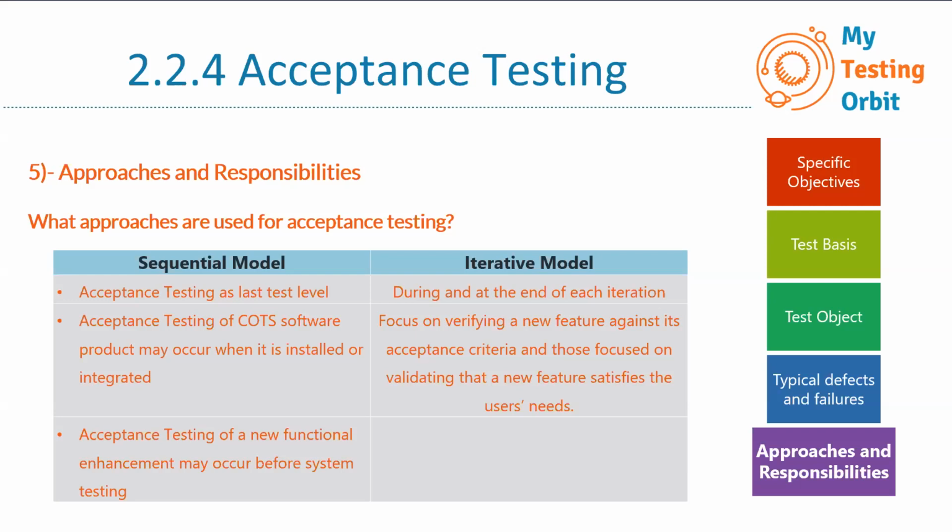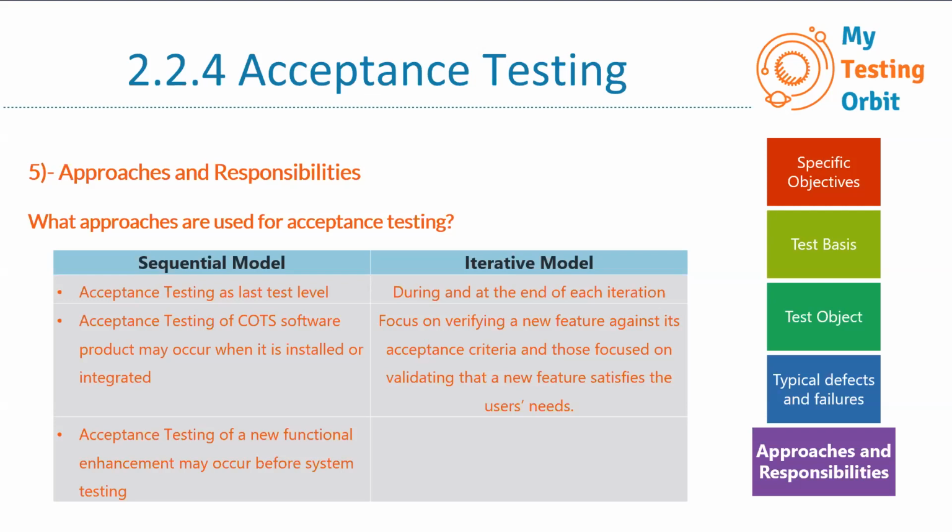The same applies to acceptance testing as well. When acceptance testing is done, the risk analysis report is a very key metric, because based on that, we can make sure that all the high risks or medium risks are being tested and those functionalities are working.